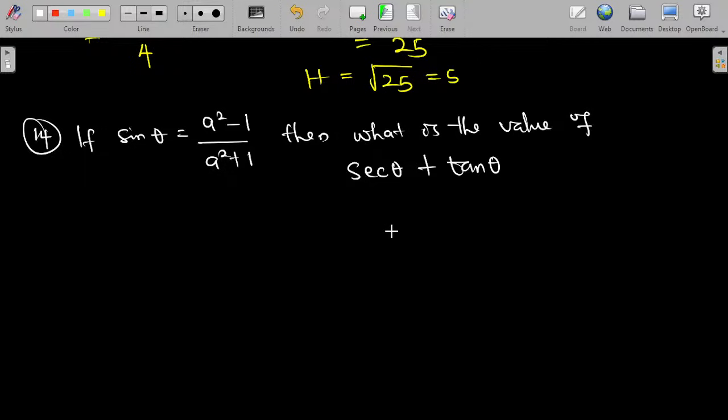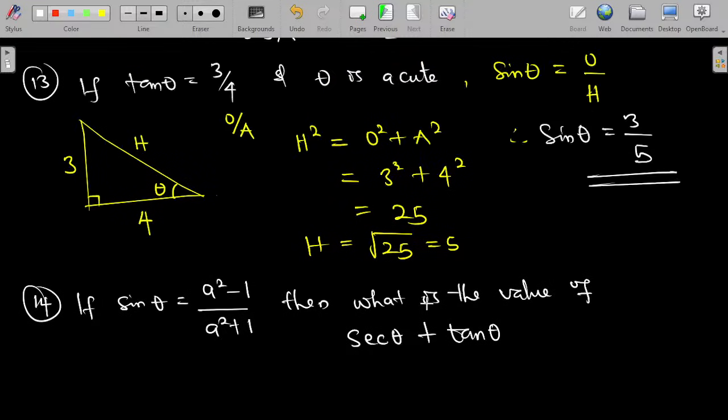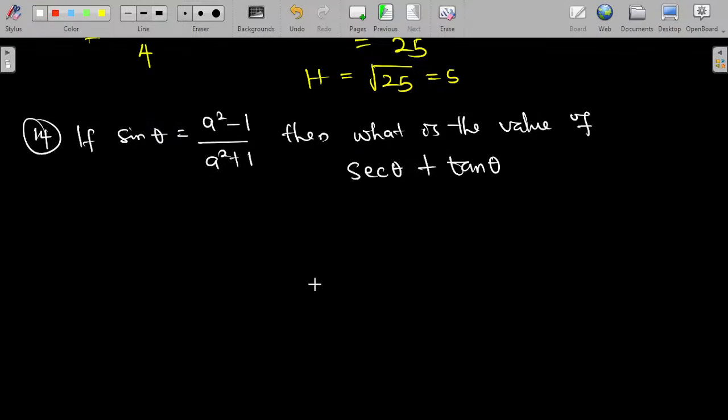Now this question is actually requiring that you do the same thing we just did here. So you will just draw a triangle. Let's assume here is still your theta, so sine is opposite over hypotenuse. That means here will be a squared minus 1, and here is going to be a squared plus 1.